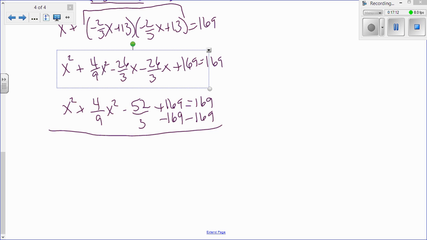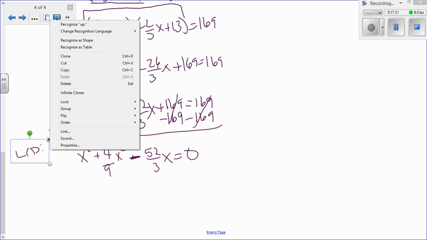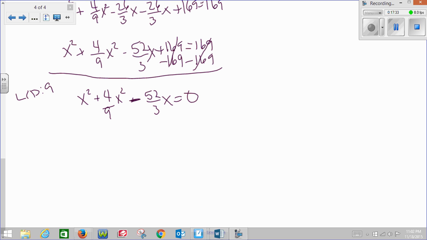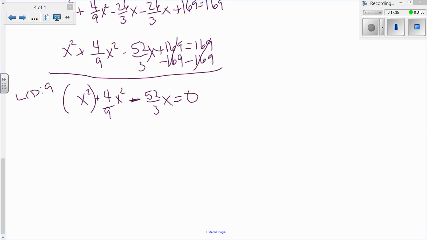Oh, would you look at that? So x squared plus 4/9 x squared, minus 52/3 x equals 0. My LCD here is 9, so multiply by 9.